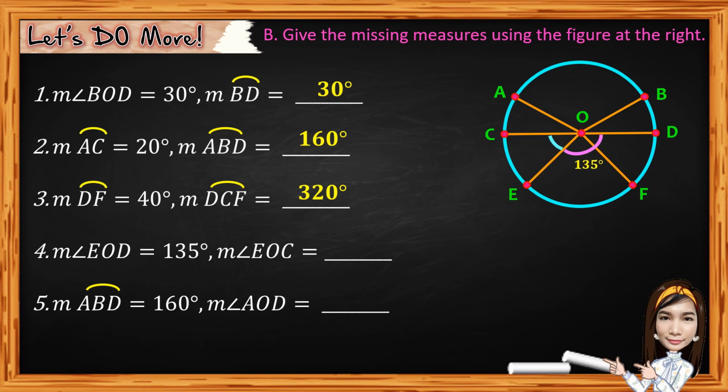So the measure of angle EOC is equal to 45 degrees because the total measure of the semicircle is equal to 180 degrees. Next, we have number 5. The measure of the arc ABD is equal to 160 degrees. So the measure of angle AOD is also 160 degrees because the central angle is equal to the intercepted arc.